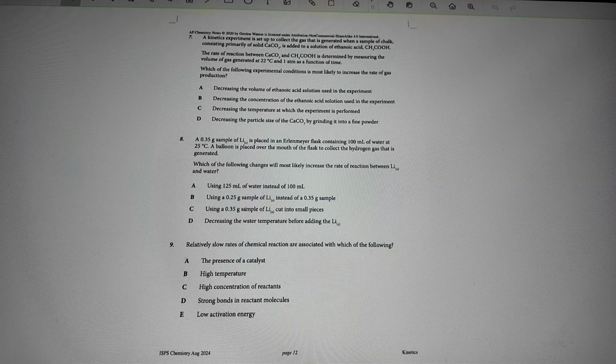The rate of reaction between CaCO3 and CH3COOH is determined by measuring the volume of gas generated at 22 degrees Celsius and 1 atm as a function of time. Which of the following experiments is increasing the... Oh, okay. I didn't even need to read that. Not to sound crazy, but if it's asking us what's going to make gas production higher, I didn't even need to read all of this, right?